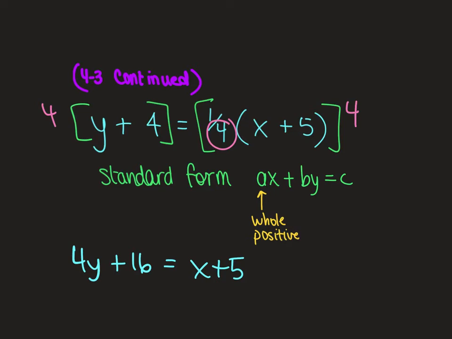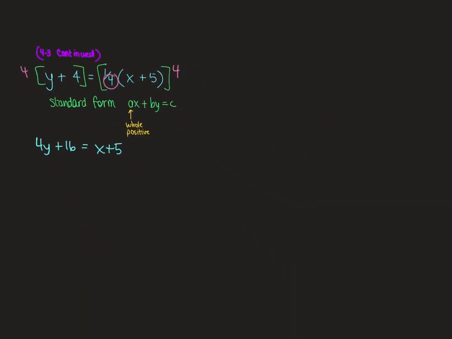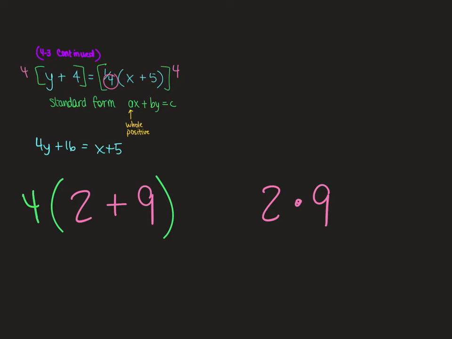Now you might be saying to yourself, why didn't she distribute the 4 to the x plus 5? If I were doing this with all numbers, let's say I had 2 plus 9 and I wanted to multiply this by 4, then I have to multiply 2 times 4 and 4 times 9.